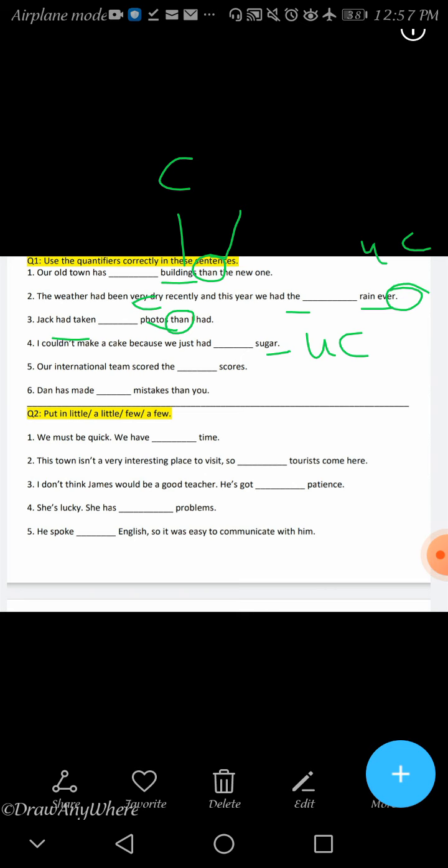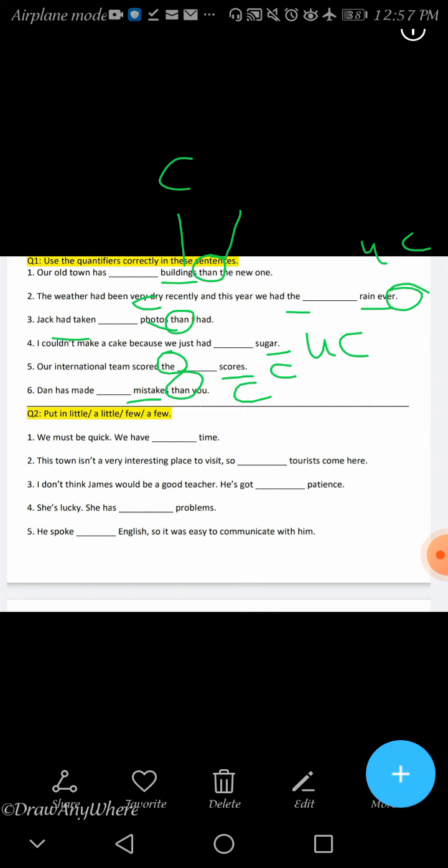Our international team scored their fewest scores. The scores, countable. Lastly, Dan has made fewer mistakes than you. Mistakes, countable. This is everything about question number 1.